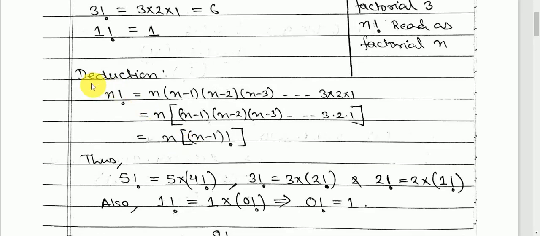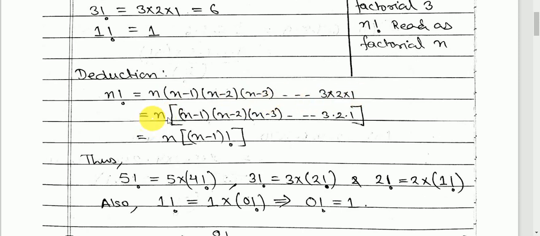Next, deduction. Factorial n means n into n minus 1. Like if I write factorial 3, that means 3 into 3 minus 1 into 3 minus 2, and so on. Same way, factorial n equals n into n minus 1 into n minus 2 into n minus 3 ... into 3 into 2 into 1.